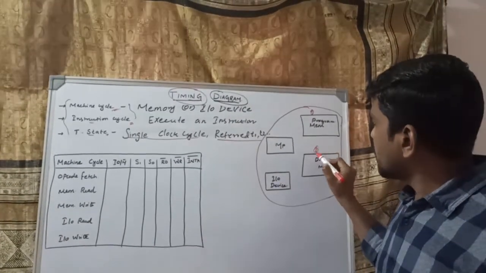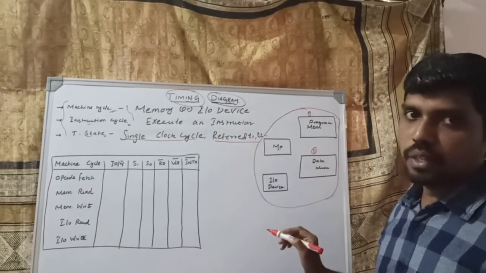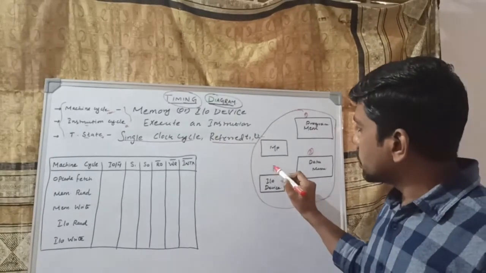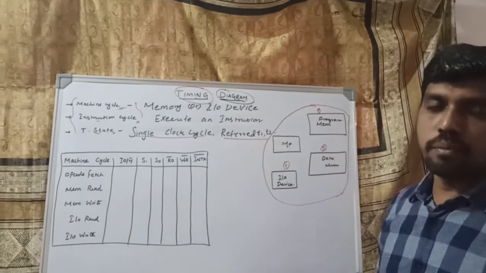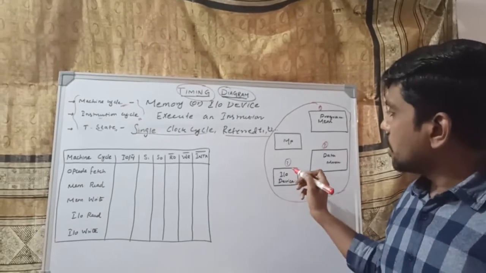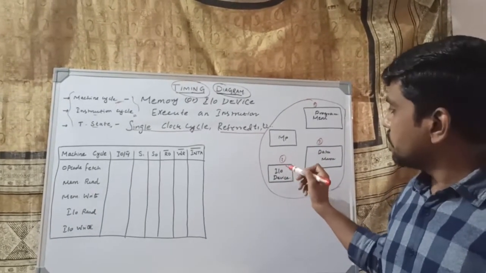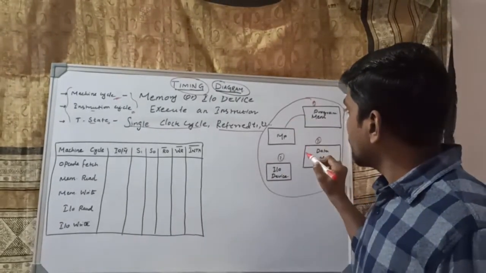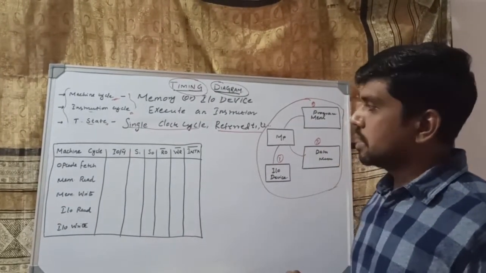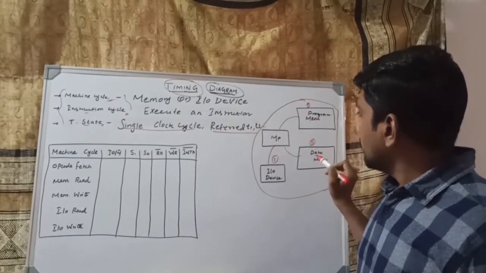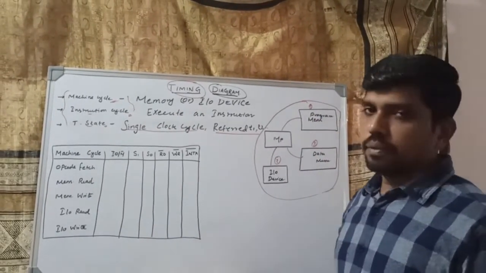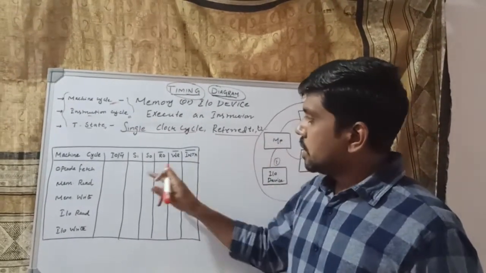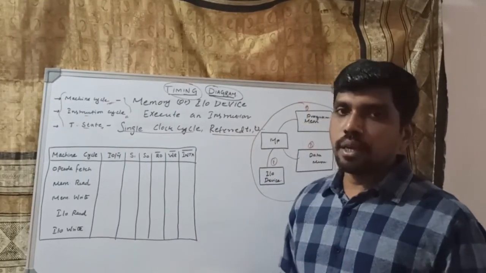The second is data memory. The third is getting information like data or control signals from IO devices. So there are 3 possibilities: program memory, data memory or IO devices. Based on that, we can split it in a table.